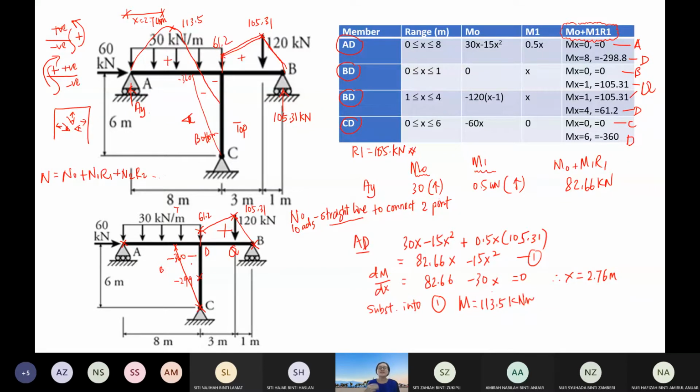There is another pattern when your member is subjected to loading. Here we talk about UDL, distributed loading, either rectangular or triangular.